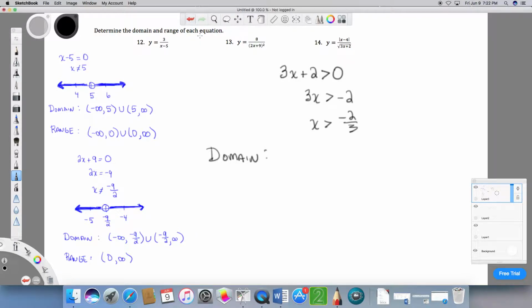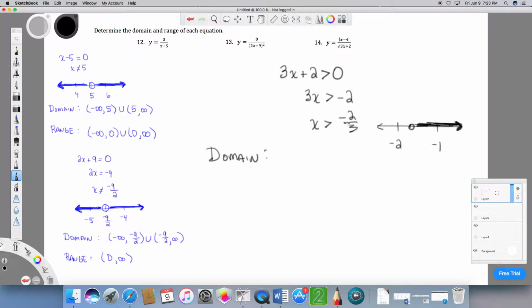Let me sketch that. Negative 2/3, say that's right there on the number line, and we want values of x that are greater, that are to the right, because anything to the left is going to cause us to be either 0 or negative.